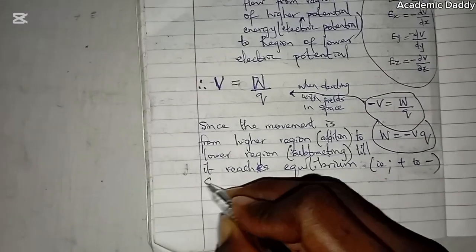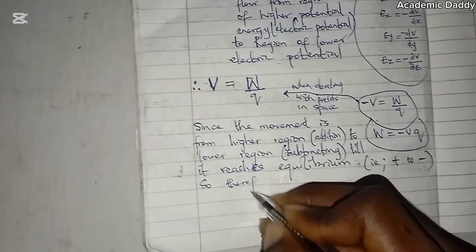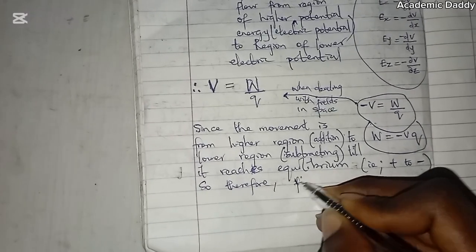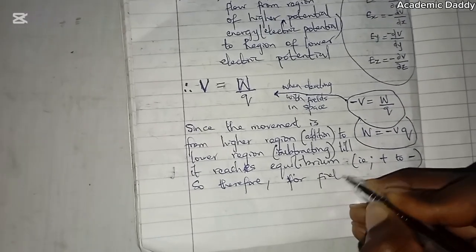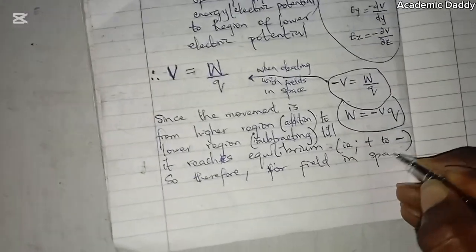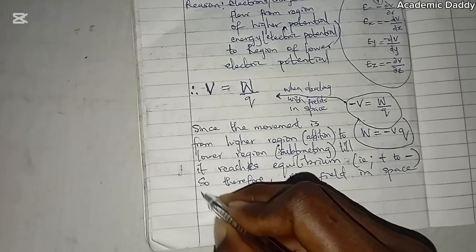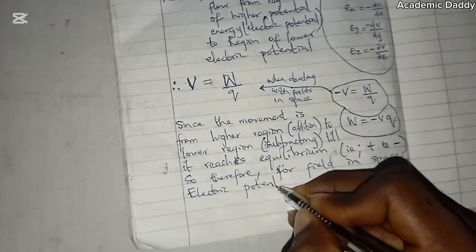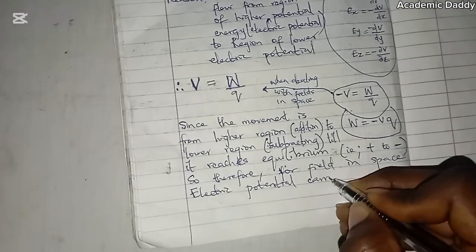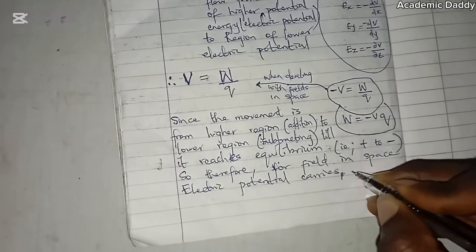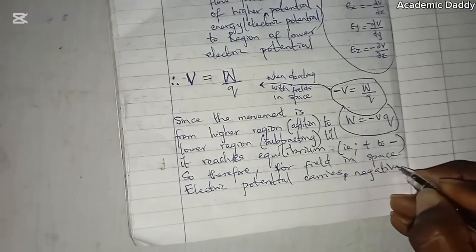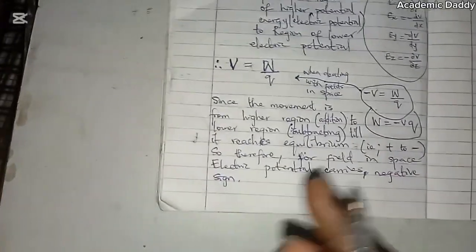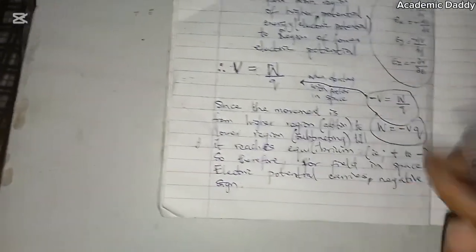Therefore, for fields in space, electric potential carries a negative sign.